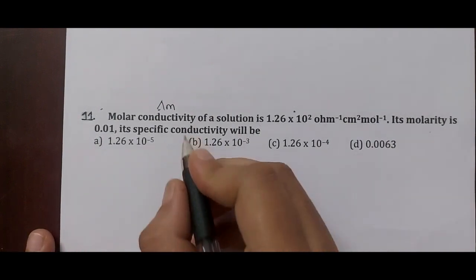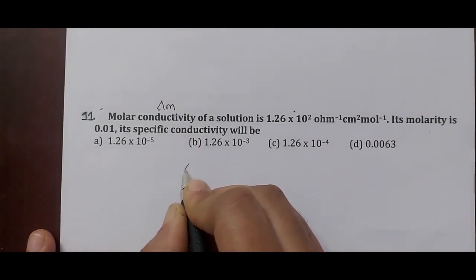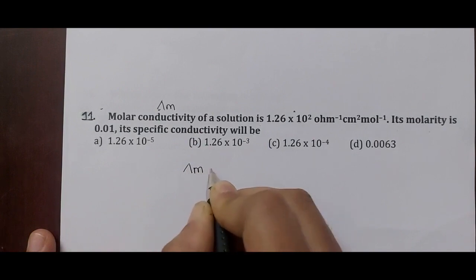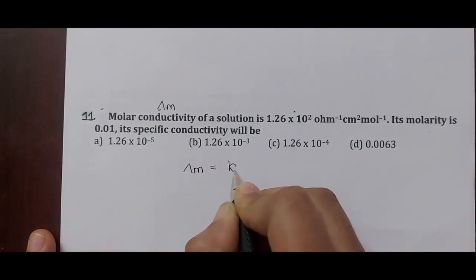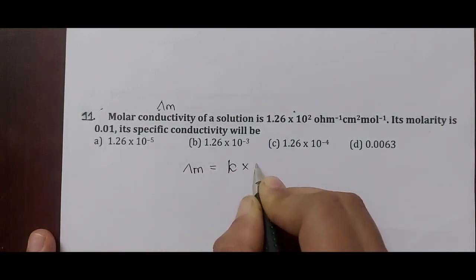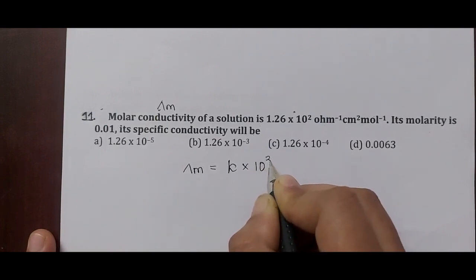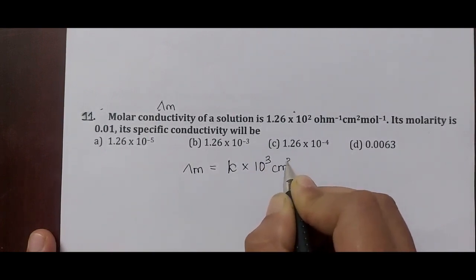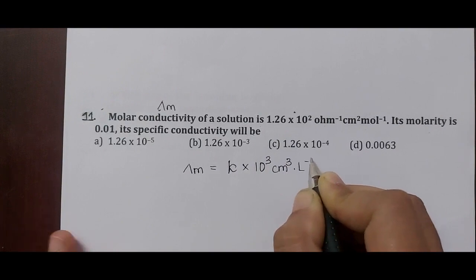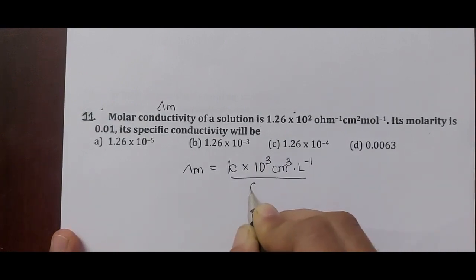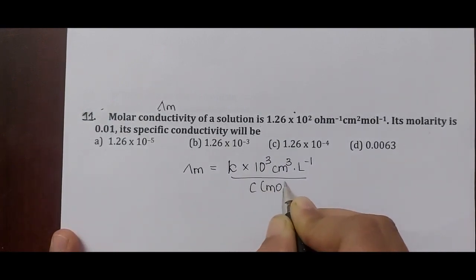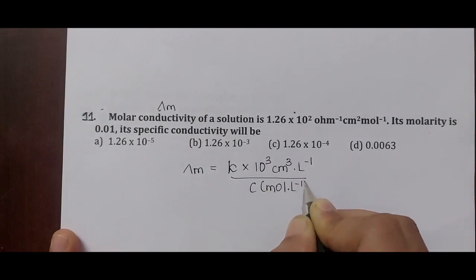Now how do we relate them? By the equation, which you should know: molar conductivity equals conductivity, or specific conductivity, into 10 to the power 3 centimeter cube per liter divided by the concentration in terms of mole per liter.